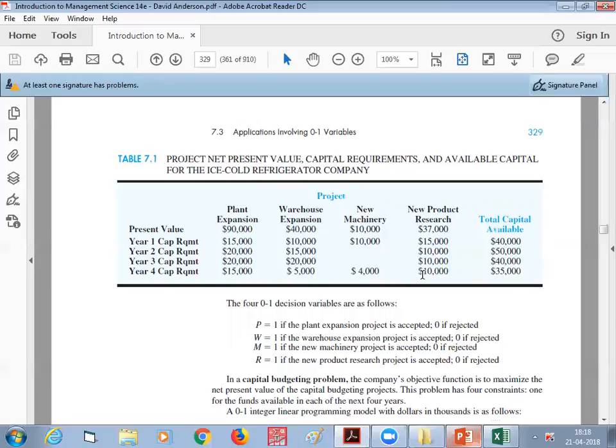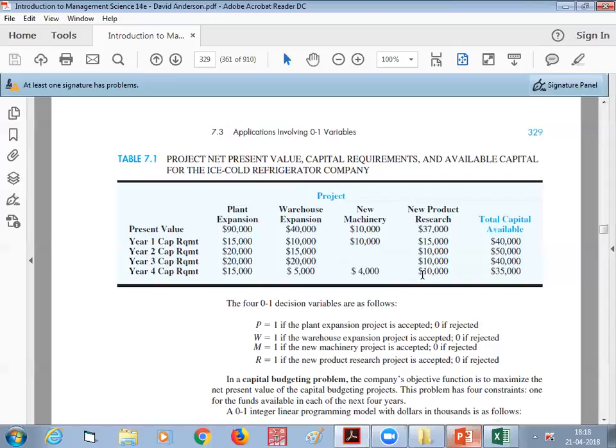Here there are 4 projects available: plant expansion, warehouse expansion, new machinery, new product. The present values are 90,000, 40,000, 10,000, 37,000. But capital requirements vary. For plant expansion, 15,000 the first year, 20,000 in the second and third year, fourth year again 15,000.